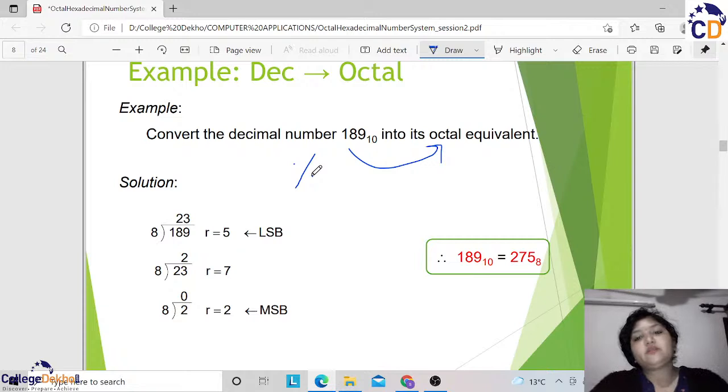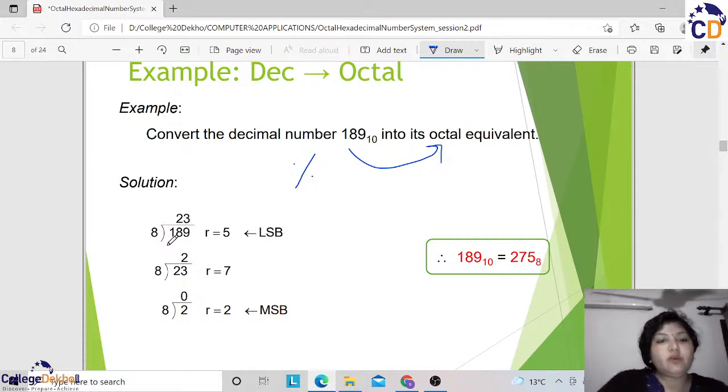If it is a binary number, you would be dividing it by 2. So based on the equivalent, you need to identify which number you are going to use for division. So you are using octal. Here 189 divided by 8, you will get a quotient of 23 and the remainder 5, right?